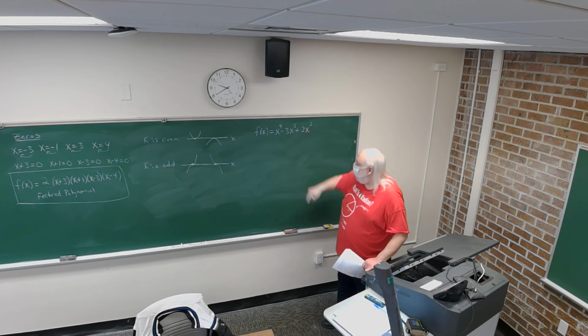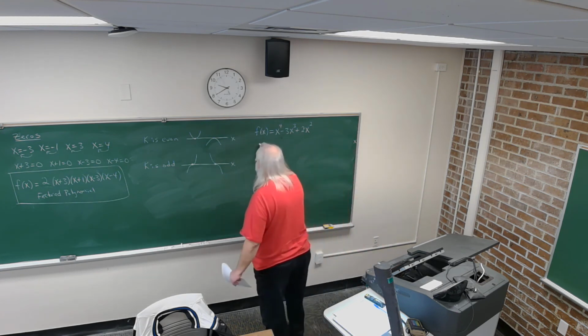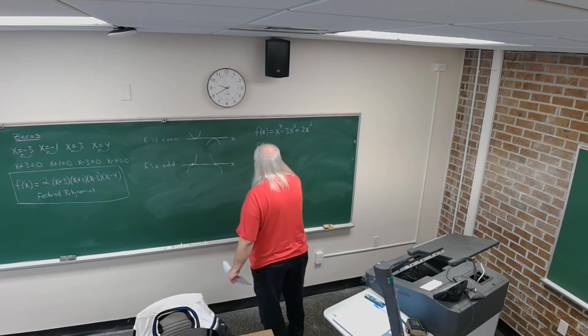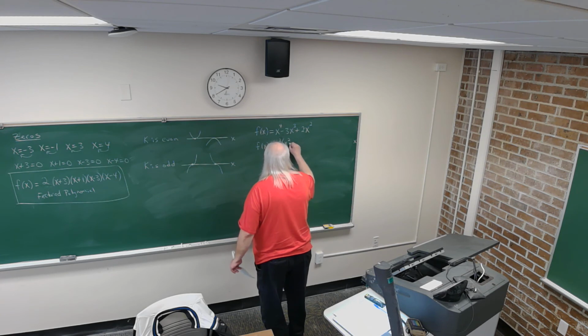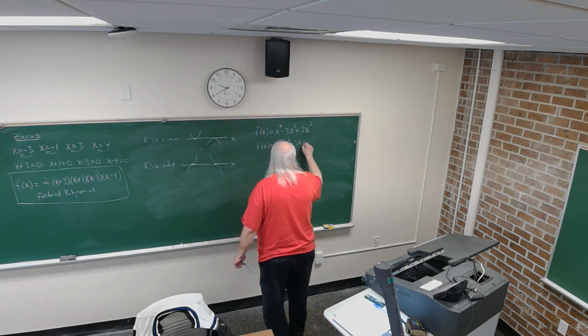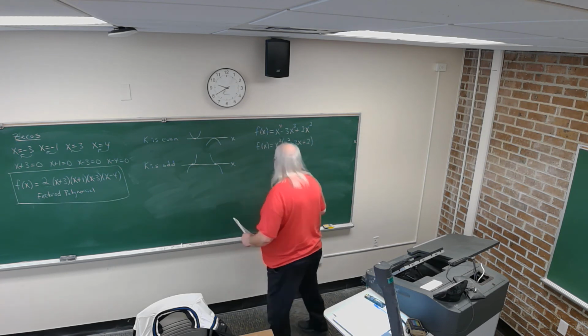So we can factor out an x squared from the right-hand side. When we factor out x squared, we're left with x squared minus 3x plus 2 in parentheses.